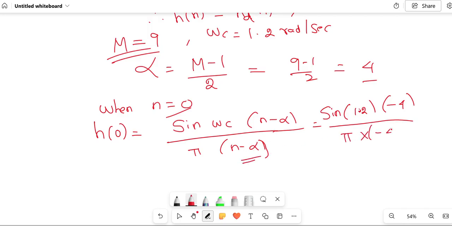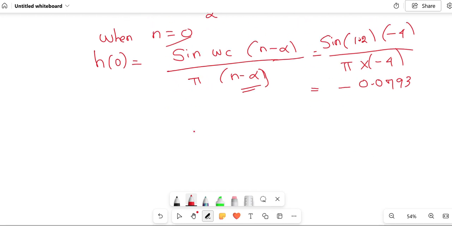Calculate the value, you can cross-check by using the calculator: minus 0.0793. So everyone should know how to calculate and verify the answer. If you make any mistake in it, it will be wrong.